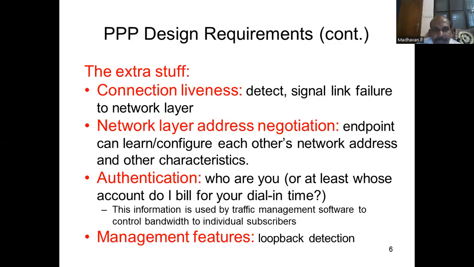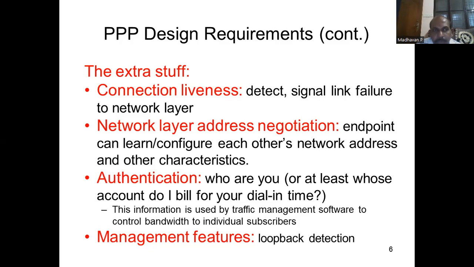The extra features coming with triple P include connection liveness. The setup is always able to detect any kind of fault or network failure and identify these faults.